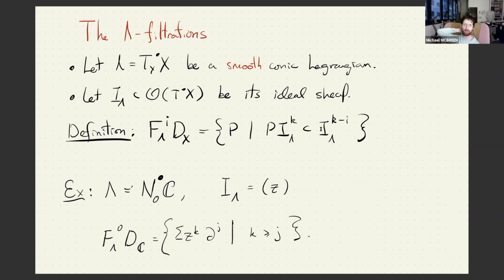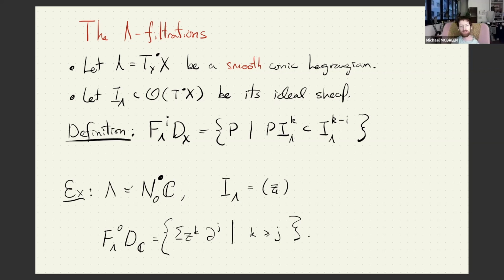And we define a filtration of differential operators by saying you're in the ith step if the kth power acts by sending the k minus ith power of I lambda into I lambda. For example, if lambda is the cotangent to the zero inside C, so its ideal is just functions divisible by z, here I wrote the zeroth step of the corresponding filtration.